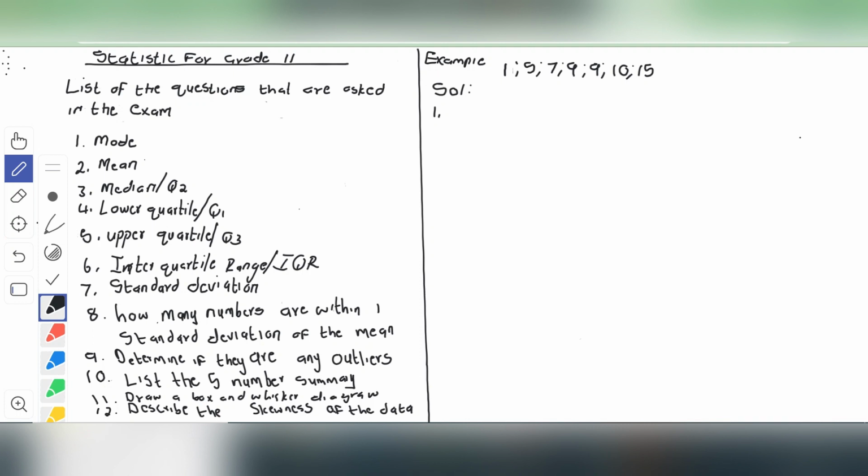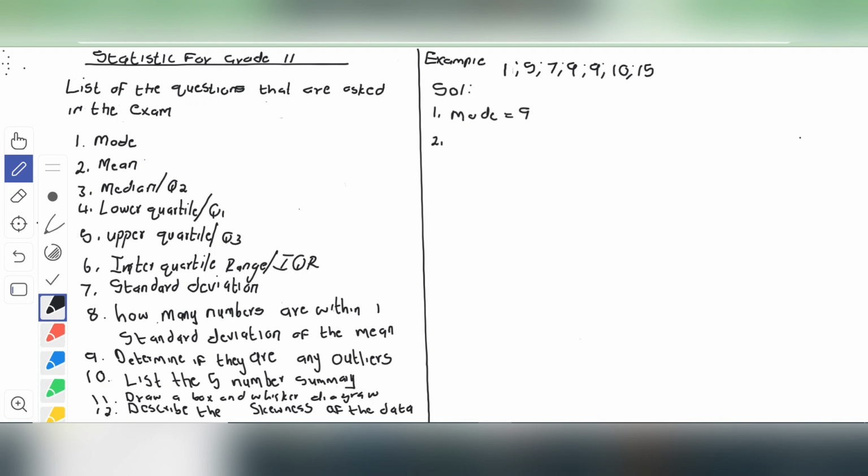So we have 1, 5, 7, 9, 9, 10, 15. We can see that 9 occurs the most, right? So 9 is going to be our answer, meaning the mode is equal to 9, because 9 is the number which occurs the most.